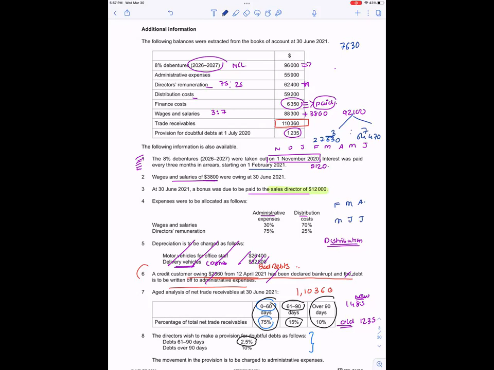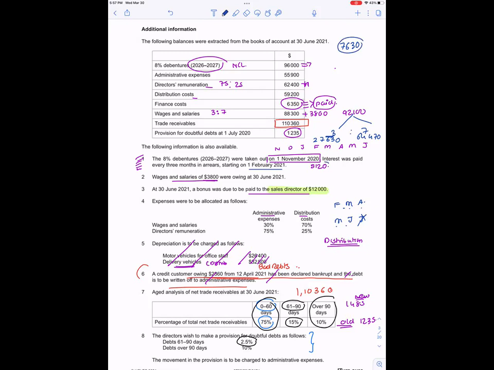But in either case, I will write my expense for the year in the income statement. But why would they mention the information if it's not useful? The MS finance cost is 7630.